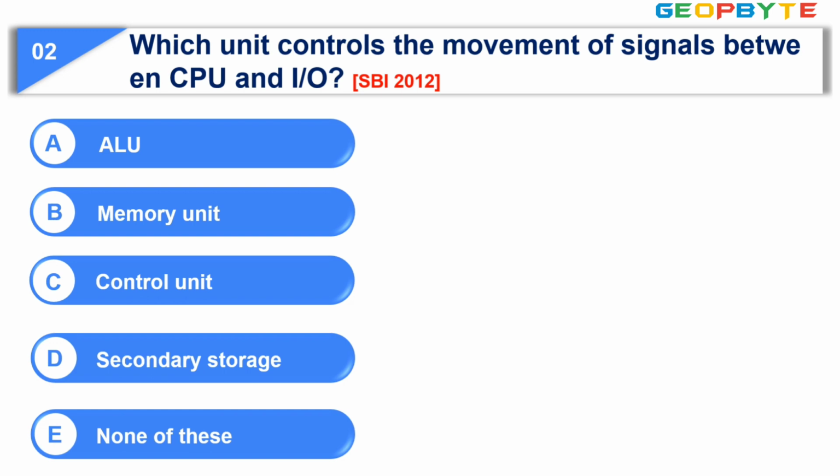The correct answer is option B, memory unit. Memory unit controls the movement of signals between central processing unit and input output.